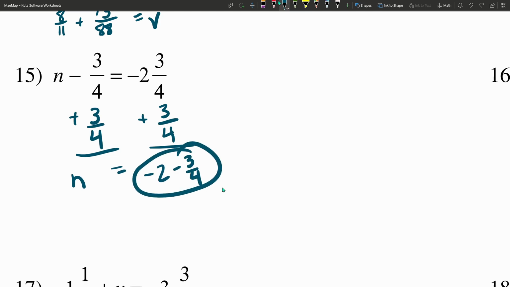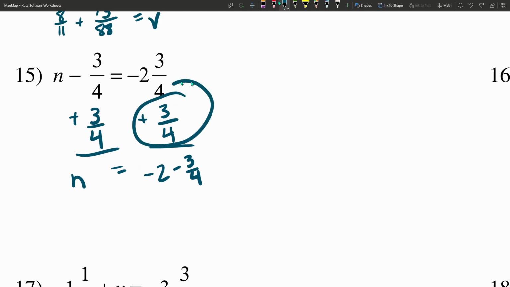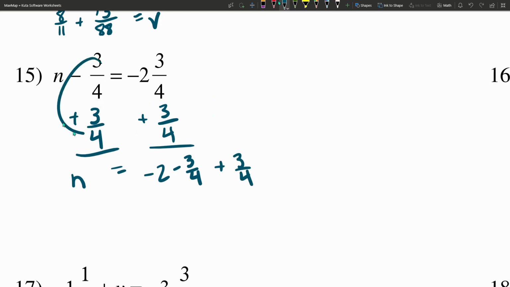It's a negative 2 and a negative 3/4 added together. But then, what are we doing to that? We're adding a positive 3/4 because we added that to the left-hand side. So take a look. Negative 3/4 plus 3/4 is 0. So n is equal to negative 2 for number 15.